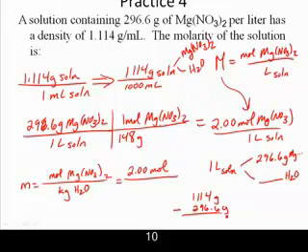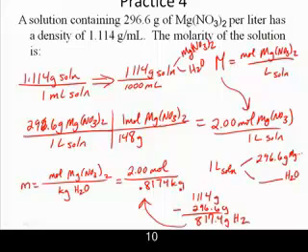Oh, let's not divide. Let's subtract. 1114 minus 296.6. That gives me 817.4 grams of water, which I'm going to put in units of kilograms, so that would be 0.8174 kilograms. So 2 divided by 0.8174.